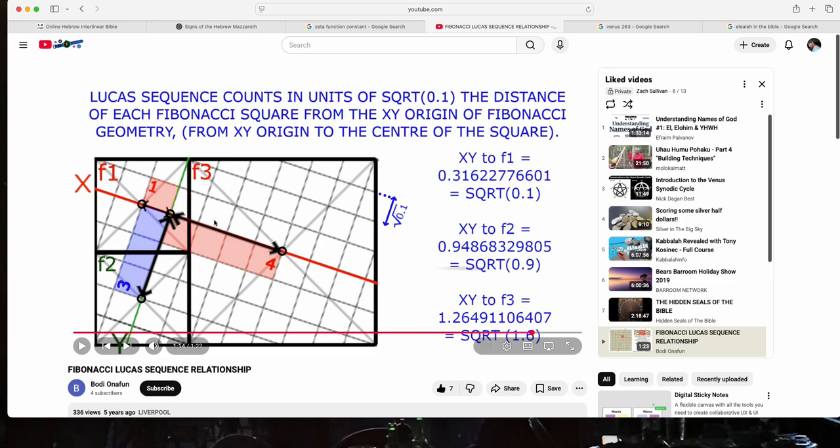And this guy had found this relationship of Lucas to Fibonacci that I had found. Basically he's taken these squares, sort of how you build your Fibonacci squares out here. He found that the center of these has a relationship that relates to the Lucas sequence. So the distance between these are all relative to a Lucas number times the square root of 0.1, is what he had found.